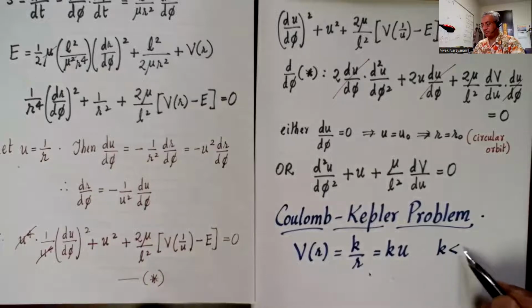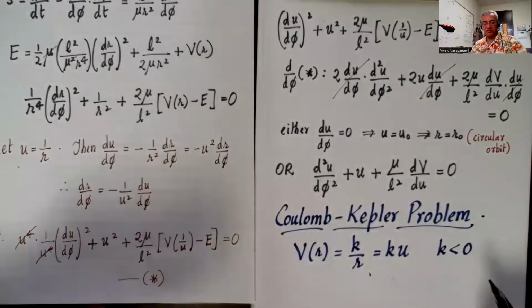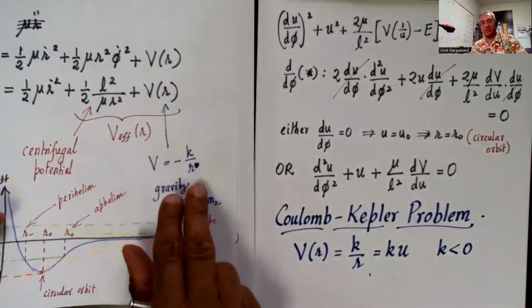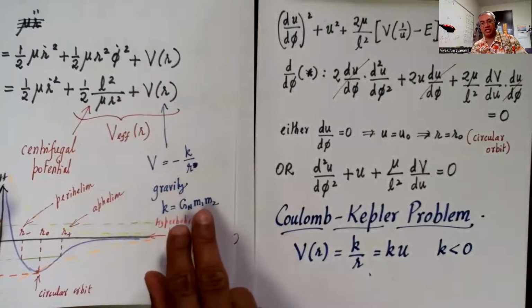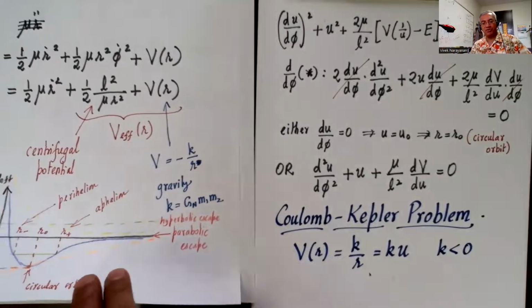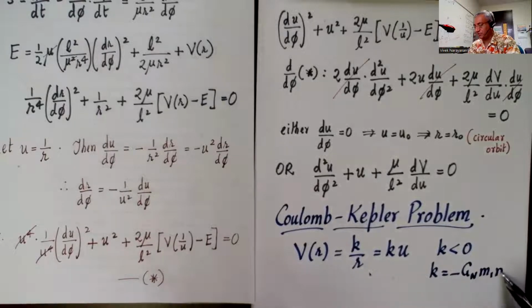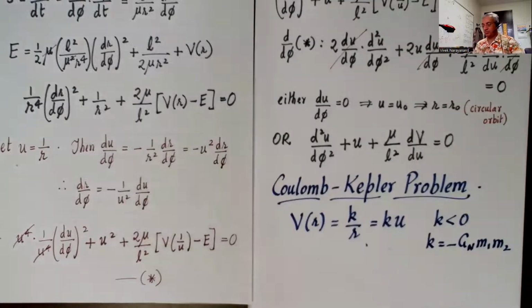So I'm changing my convention a little bit from the way I drew my drawing. My drawing assumed the potential is equal to negative K over R, where K was equal to G M1 M2. Now I'm going to assume the potential equals K over R with K less than 0, which means that K will be negative G M1 M2. Slight change in convention just to make things look different.